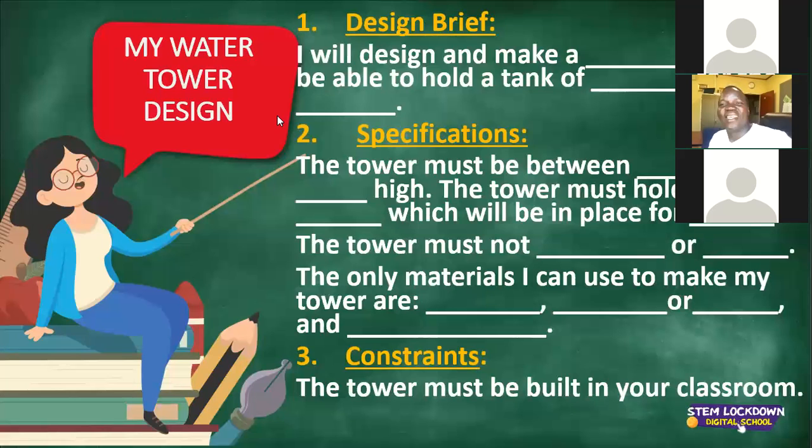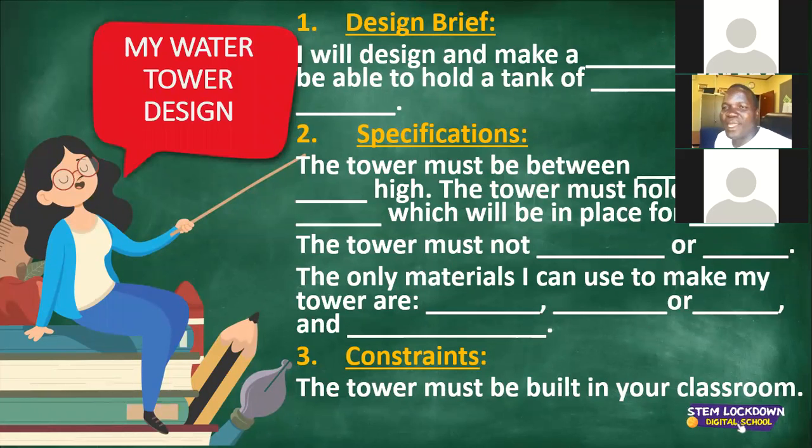You are only allowed to use those materials. And at the bottom there are the constraints. Constraints is what you are limited to. You are limited to build it in your classroom. But in this case, because you're at home, you must build it at home, meaning indoors.